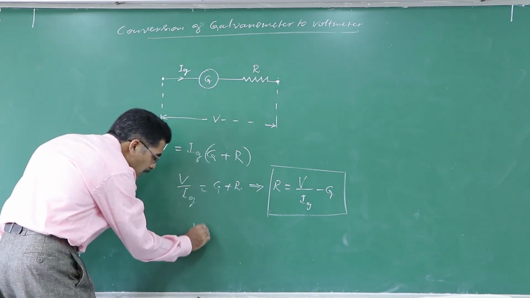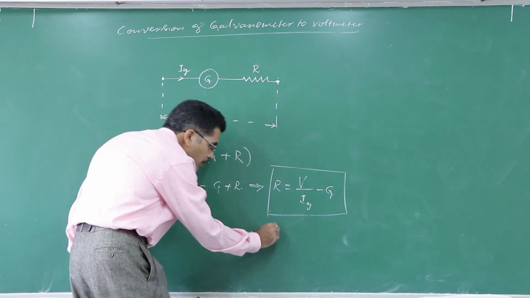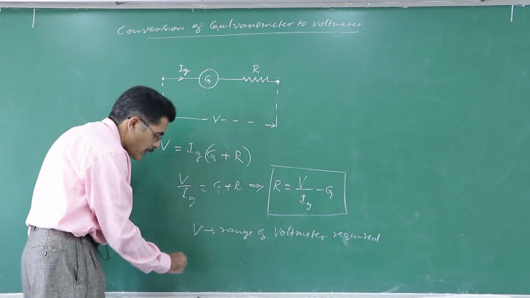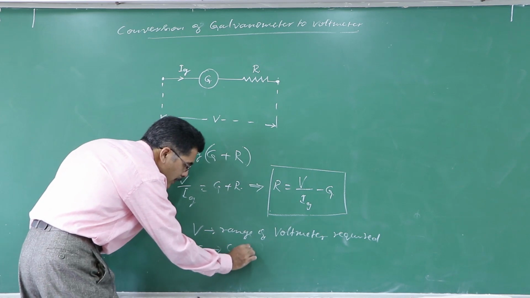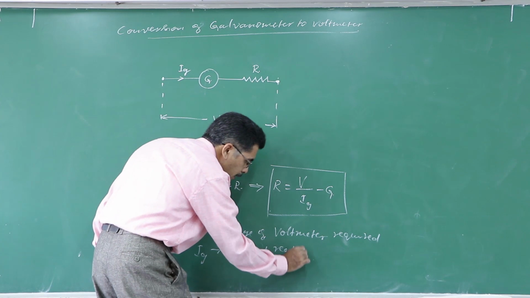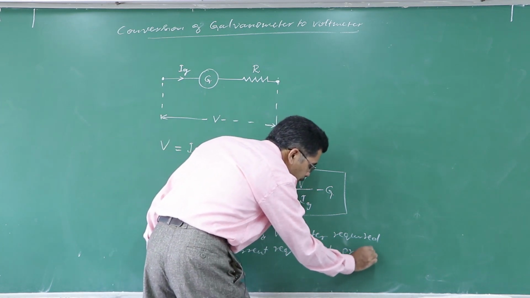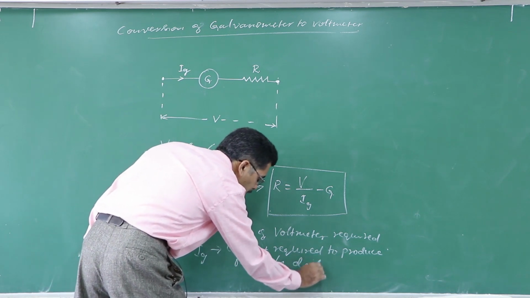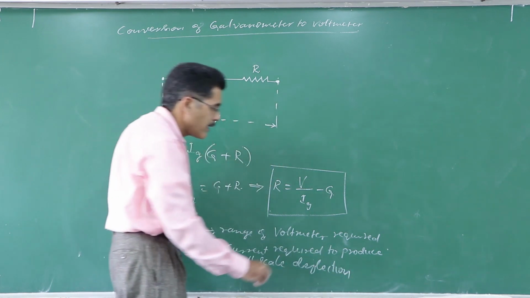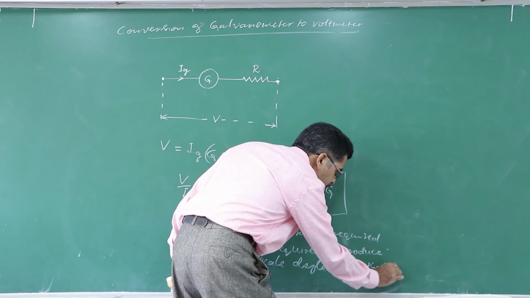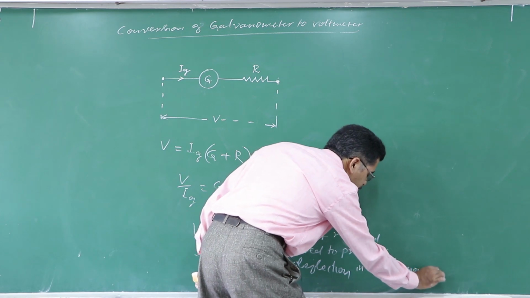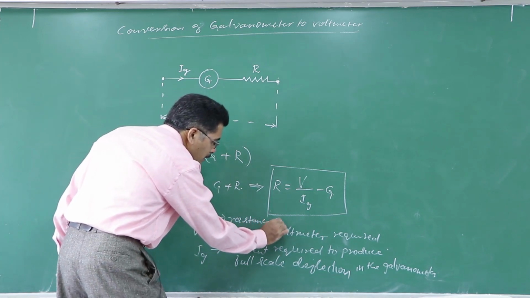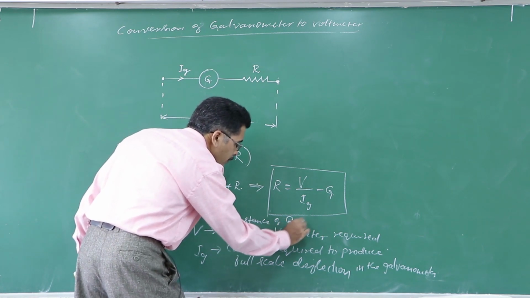So here V stands for the range of voltmeter required, Ig is the current required to produce full scale deflection in the galvanometer, and G is the resistance of the galvanometer.